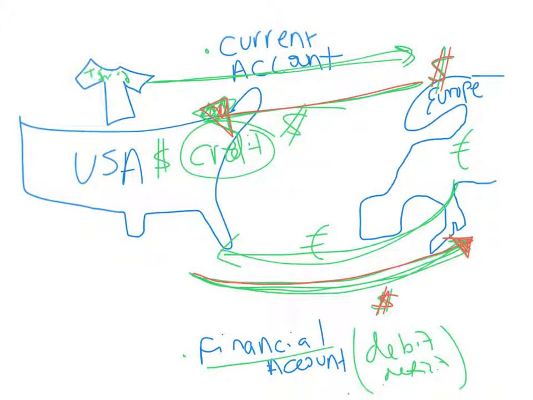And the idea being that the amount of dollars that that person in Europe is going to exchange is going to be equal to the amount of dollars they're going to need to buy the t-shirt. So if the t-shirt has a price tag of $10, they're probably going to sell $10 worth of euros to America to get the $10 to buy the t-shirt that is valued at $10.